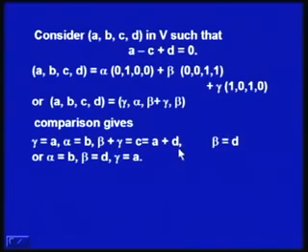So, I have combined this constraint and what I am getting from here, and if you solve them, then alpha is equal to b, beta is equal to d and gamma is equal to a. So, these are the 3 coefficients alpha, beta, gamma. So, I have solved them using this. So, any vector (a, b, c, d) can be expressed in this form.